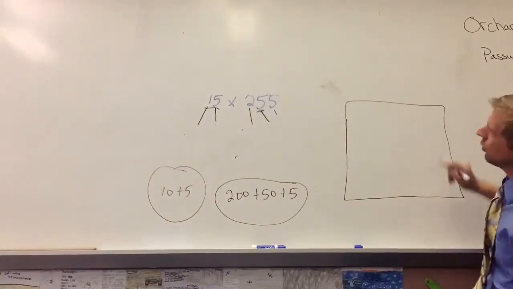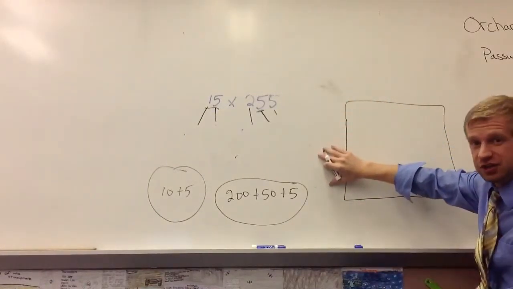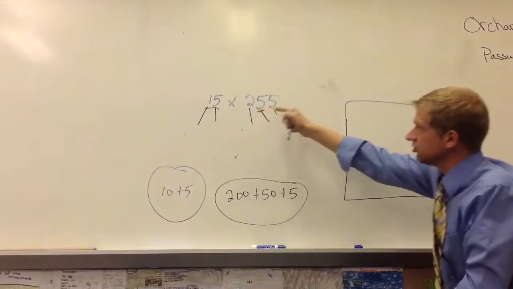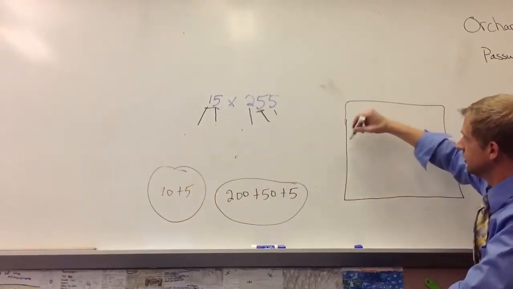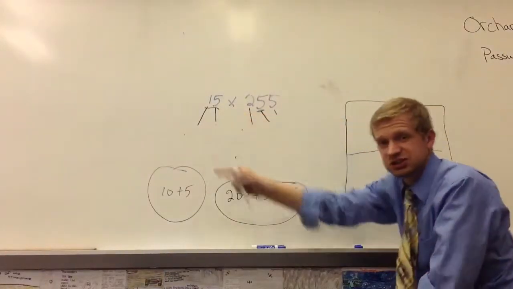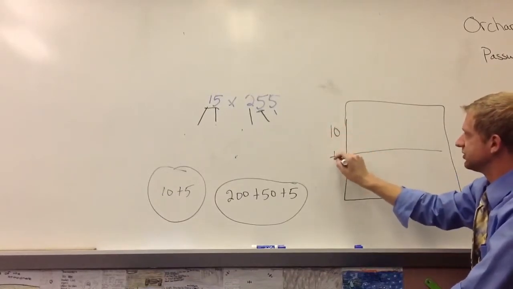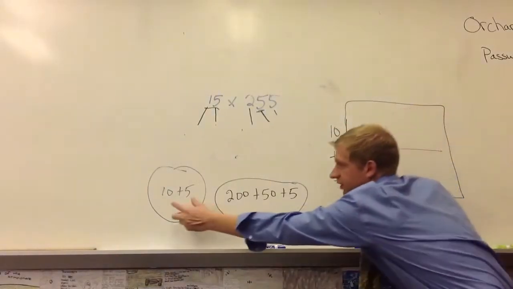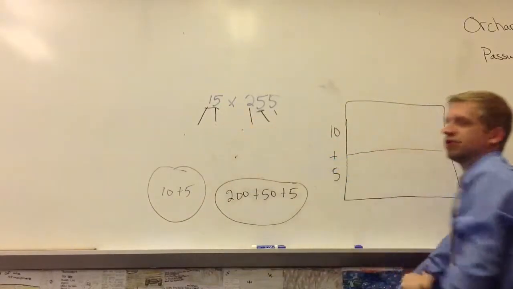Remember, I like to put on the left side the number that is the smallest. So 15 or 255, which one is smaller? 15, you're right. So I'm going to split that into 2 because there's only 2 digits in 15. I'm going to write the 10 right here plus the 5. And we know 10 plus 5 is 15. That's the number we're dealing with.